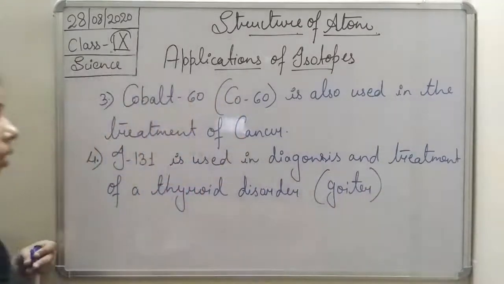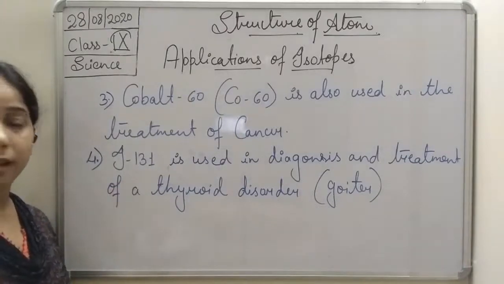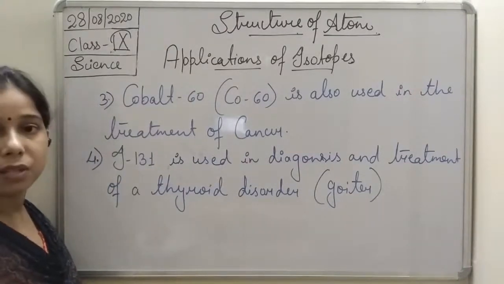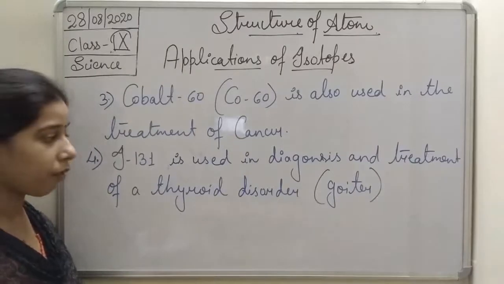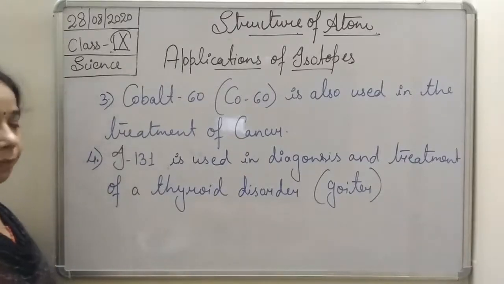So iodine-131 is helpful in diagnosis as well as in the treatment of a thyroid disorder, which we call goiter.